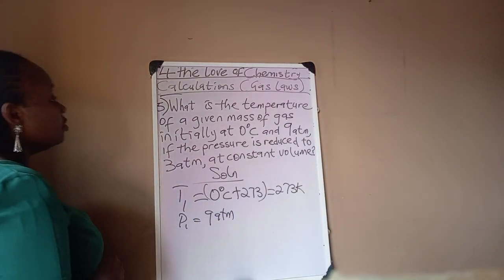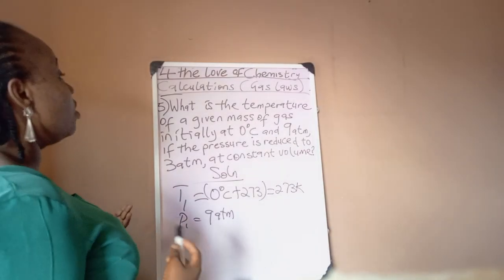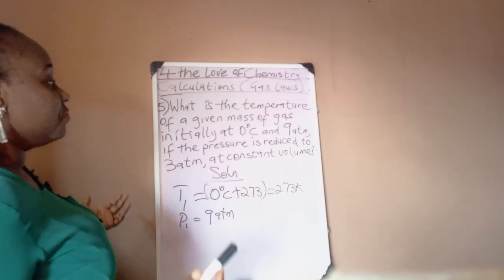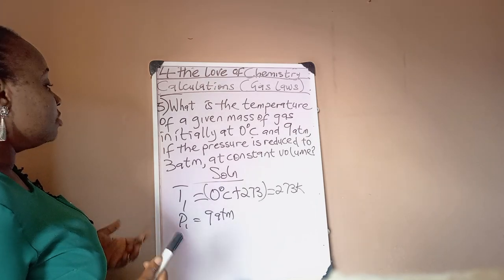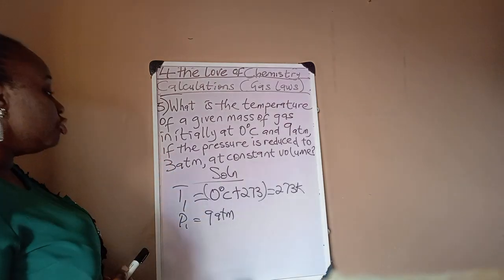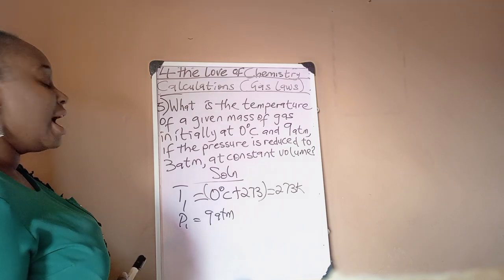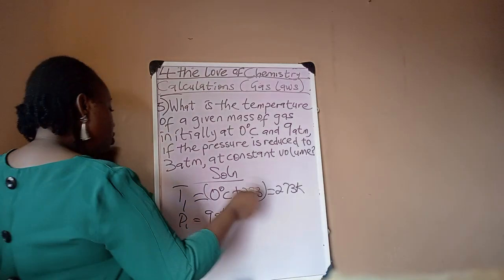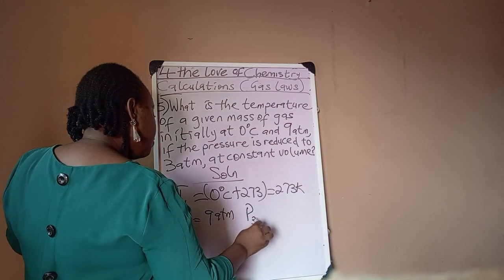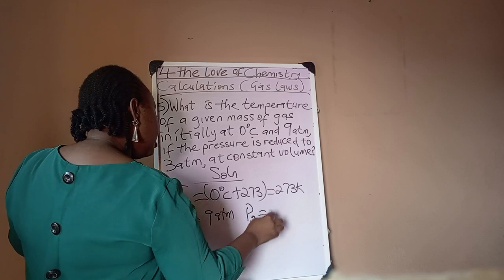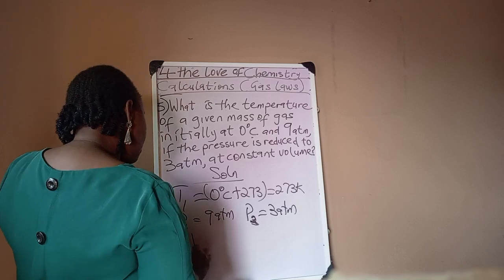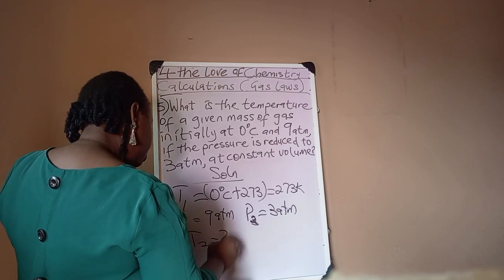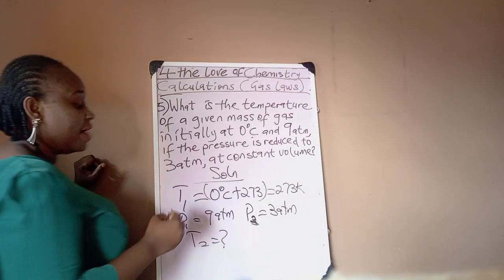Now the question says, what is the temperature of a given mass of a gas initially at 0 degrees Celsius and 9 atmosphere if the pressure is reduced to 3 atmosphere at constant volume? So P2 from the question is 3 atmosphere. So we are asked to find T2.